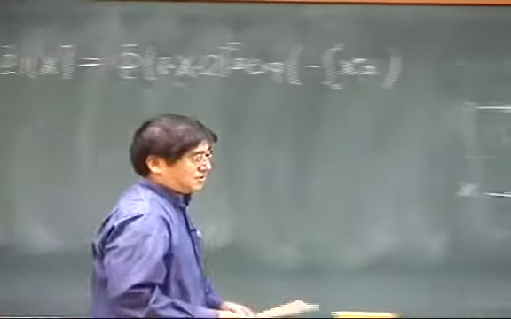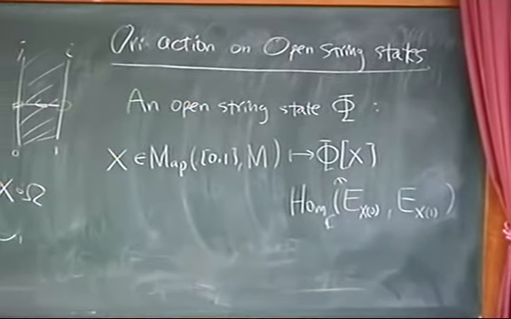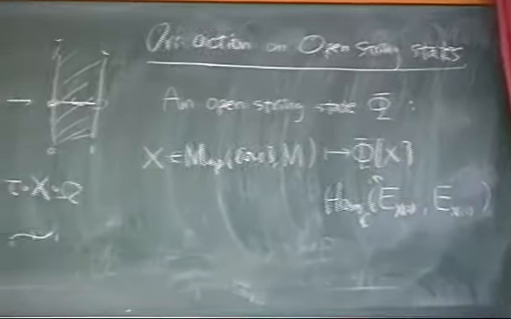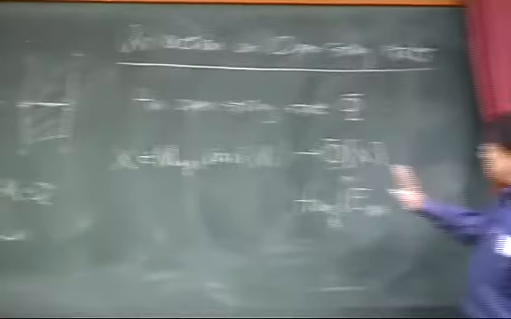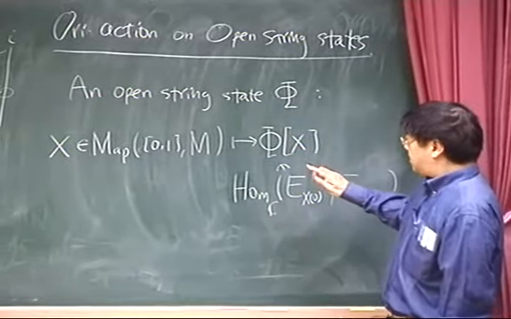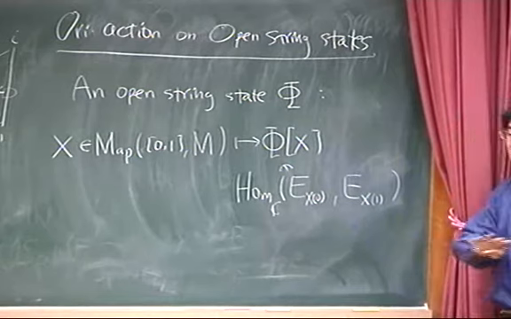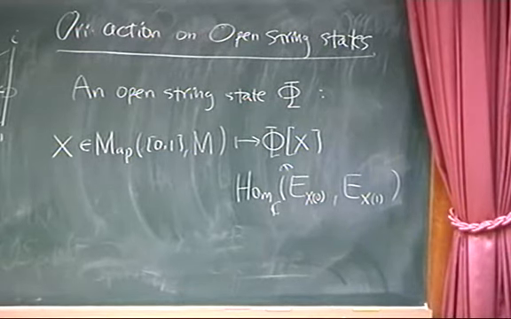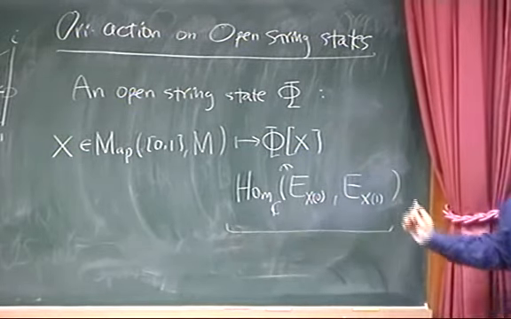But what we want to do is to find invariant string states. What I wanted is a map, the parity action, the orientifold action on open string states from one space to the same space, so that you can select the invariant state. So what I really want is a wave function taking values in this.